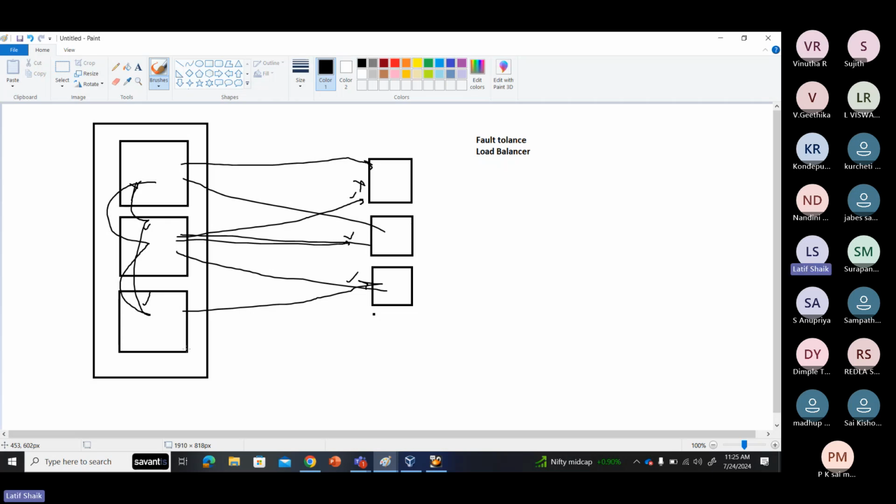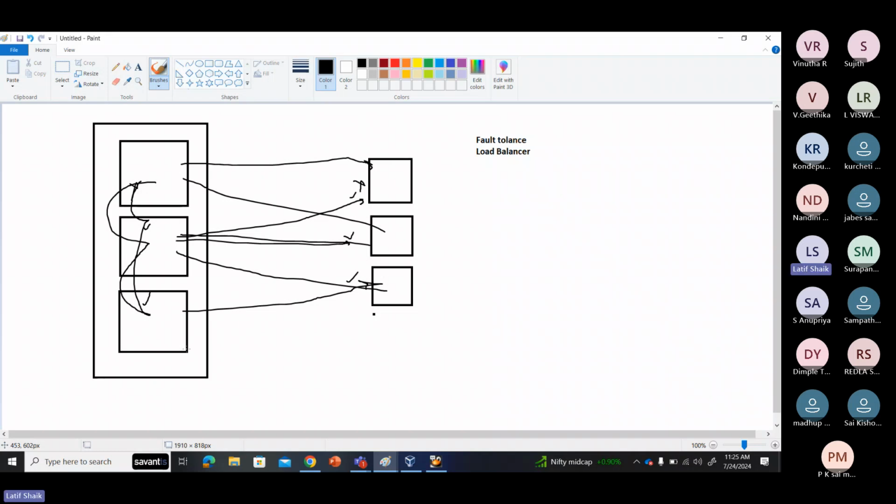They share the load between the servers, so the load on one single server is reduced because it distributes the load to other servers. That is called a load balancer.